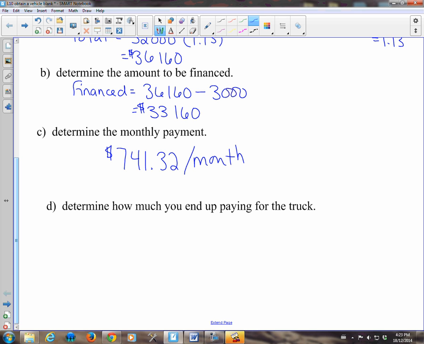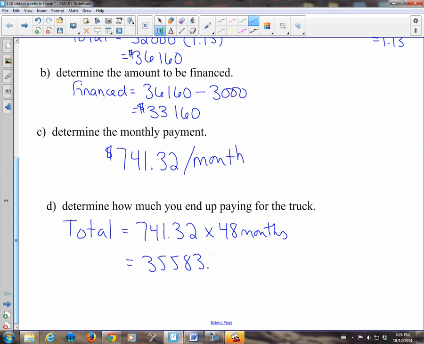How much are you going to end up paying for that truck? Well, if you're paying $741.32 per month, and you're doing that for 4 years, that's 48 months, you will end up paying $35,583.36.